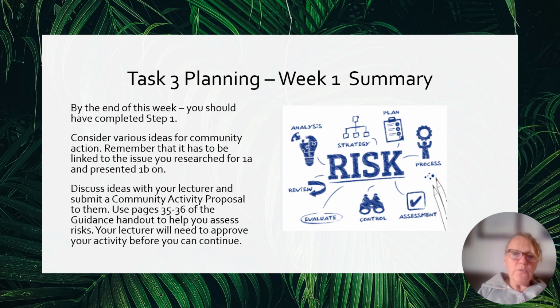You're going to do a list of resources and timescales. So you're going to literally say, right, I'm going to start my community project on July the 5th, or whenever you're going to start. It's going to take 3 weeks to do. I'm going to do 2 hours every week, and it's going to happen on a Monday or a Wednesday. Or you've got to be specific about what your plans are.